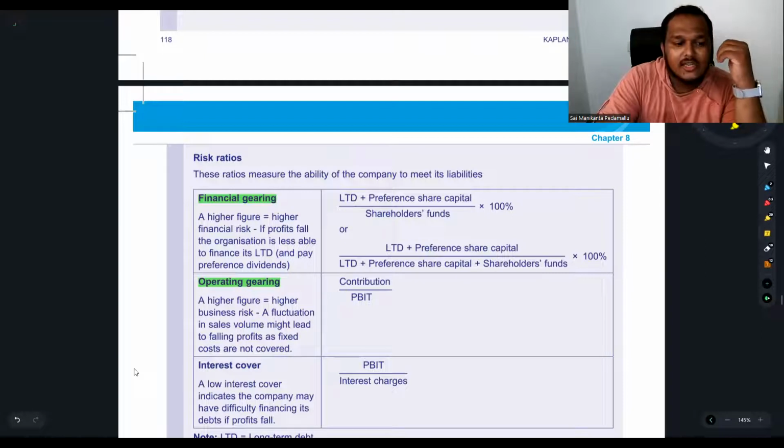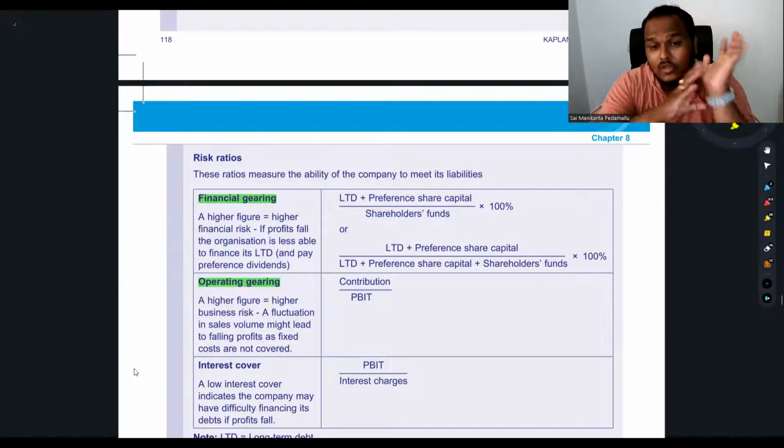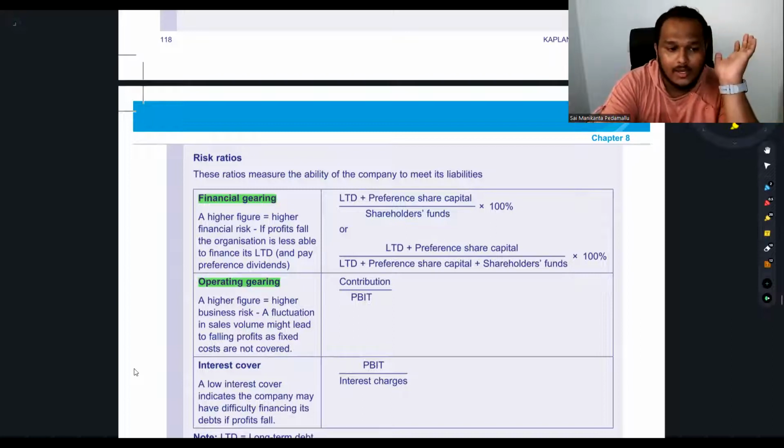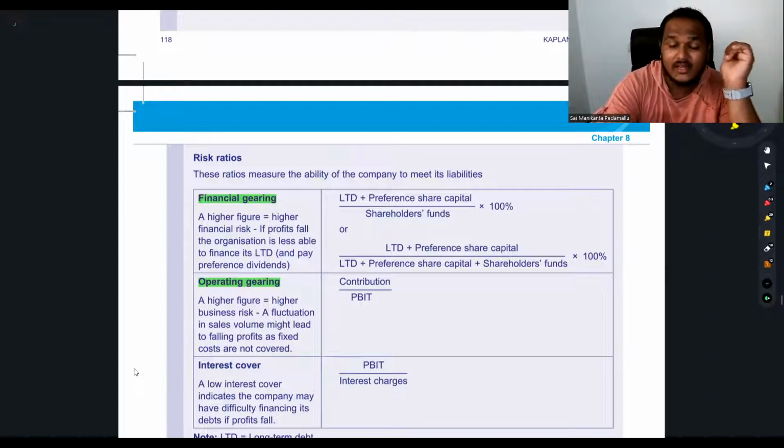Financial gearing is basically risk relating to the debt of the company. So usually, when we say gearing, we mean debt. But actually, the meaning of the word gearing is risk. So financial risk, operational risk. That is what they mean by financial gearing and operational gearing.